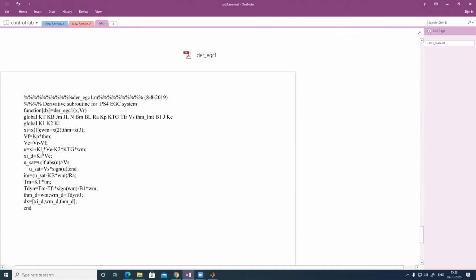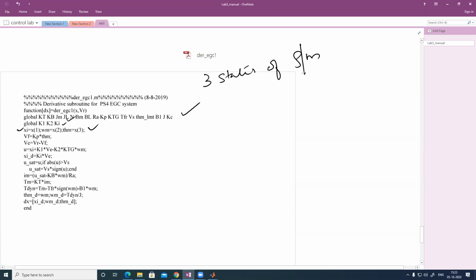In the derivative subroutine, the values are declared globally. Xi is taken as x of 1, omega m is taken as x of 2, and theta is taken as x of 3. These three are the states of the system.